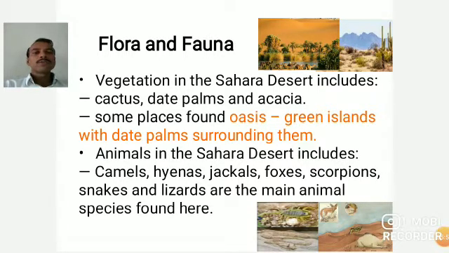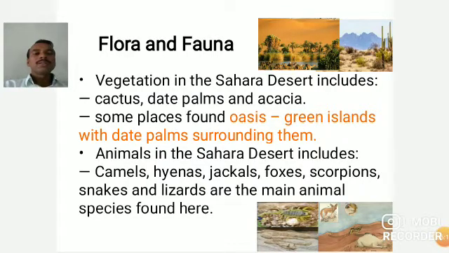In some places an oasis is found, that is green. Oasis means the green island with date palms surrounding it, sometimes with water in the center and the date palms surrounding it. That is called the oasis.